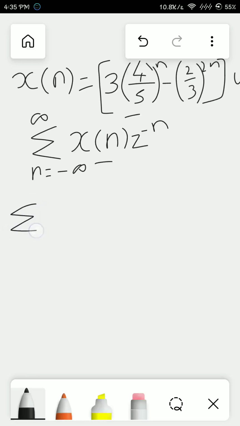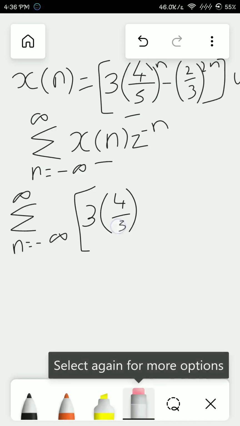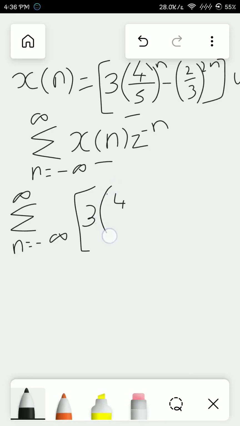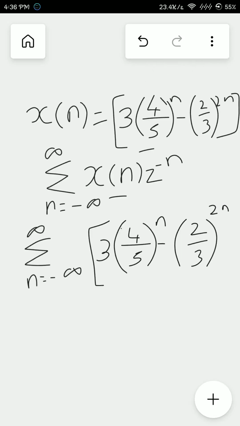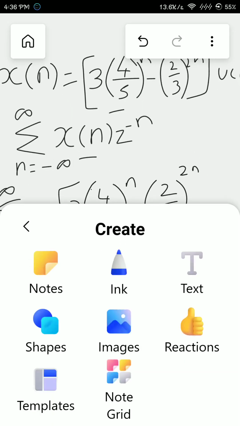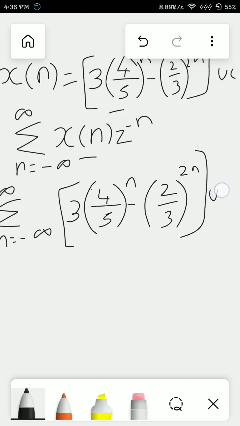I get the summation of n equal to minus infinity to infinity, 3 into 4 by 5 to the power of n, minus 2 by 3 to the power of 2n, into u of n, right?